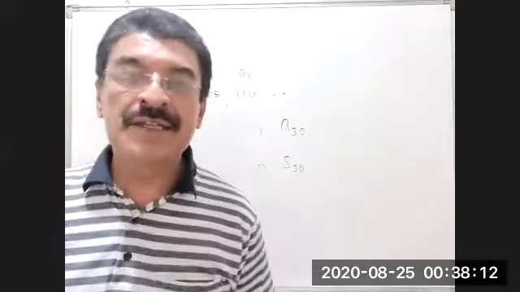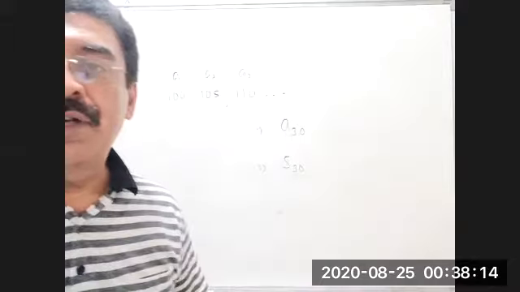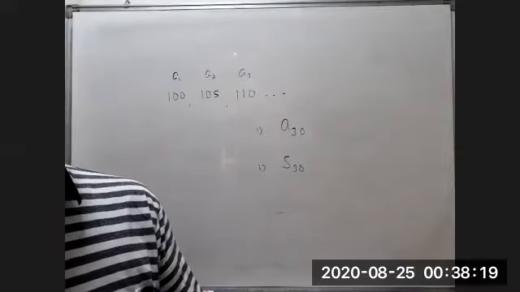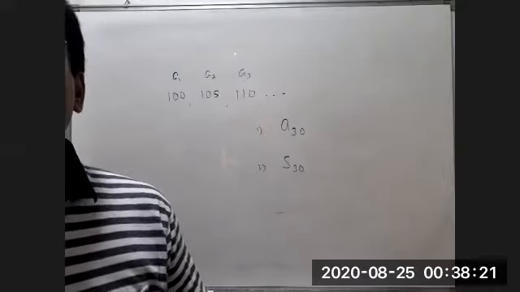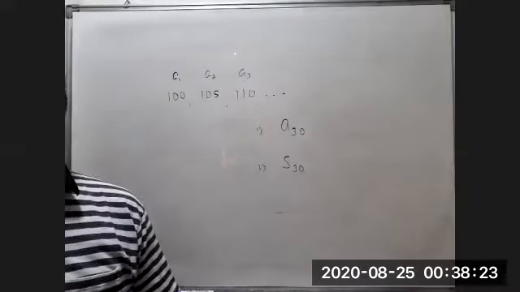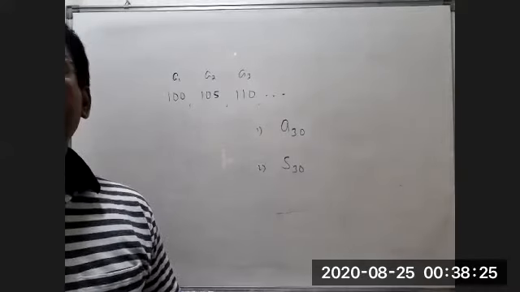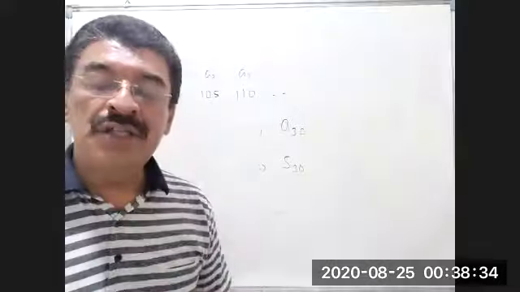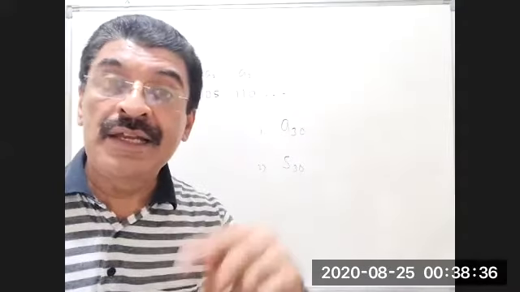The second term A2 denotes the amount paid in the second installment. A3 denotes the amount paid in the third installment.